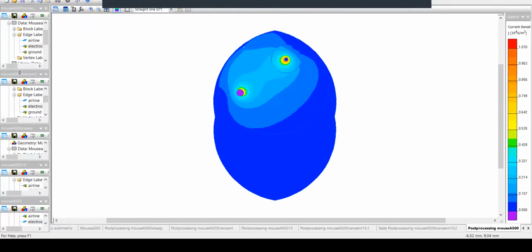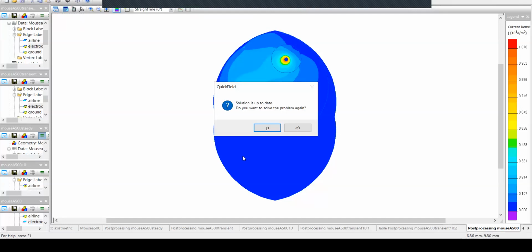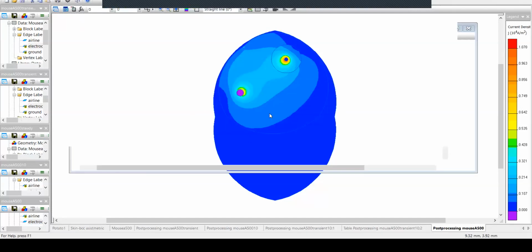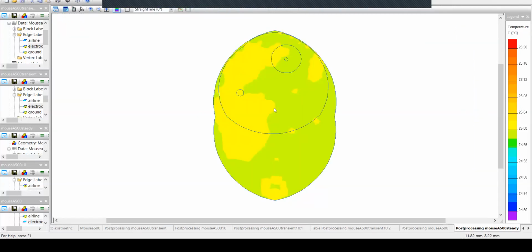Then we couple steady state heat transfer with the Dirichlet boundary condition. Steady state, so the temperature is constant with time. This is the airline. The temperature of the airline is 25 Celsius, and it differentiates between the mouse brain tissue and the air.